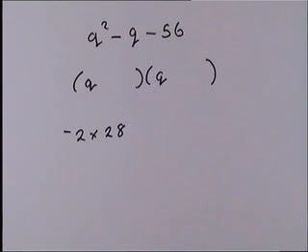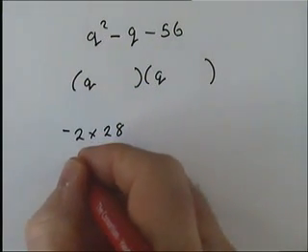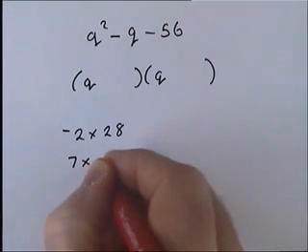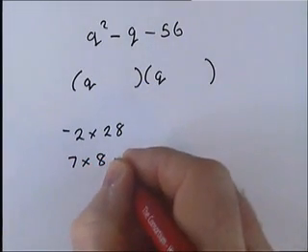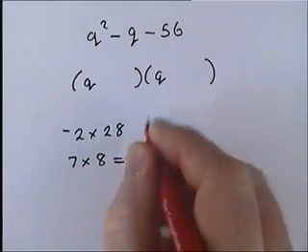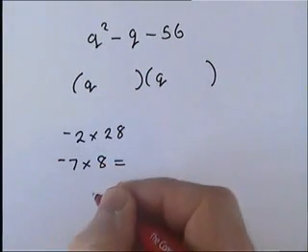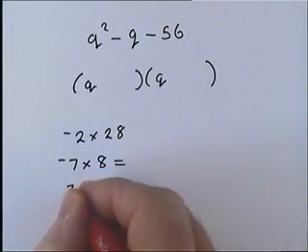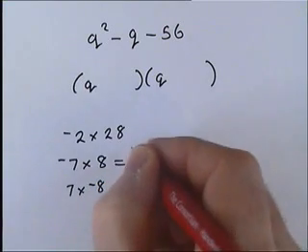So again, think of your times tables and think about which two numbers which are 1 apart give 56. And you should know that it's 7 times 8. 7 8s are 56. But because we need negative 56, it's either going to be negative 7 or negative 8.